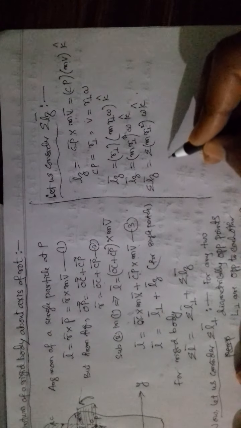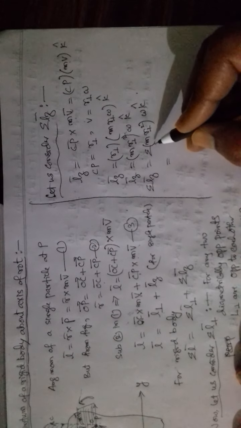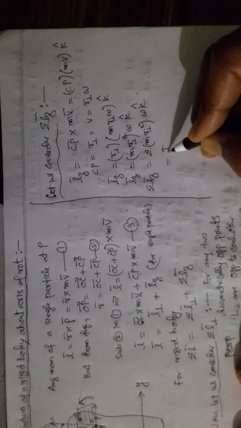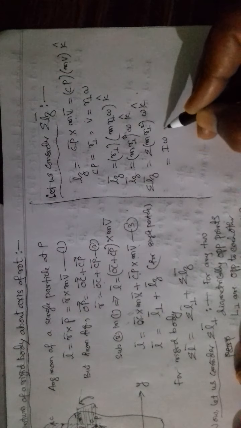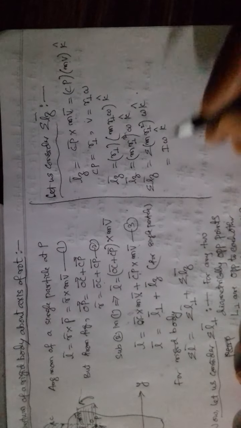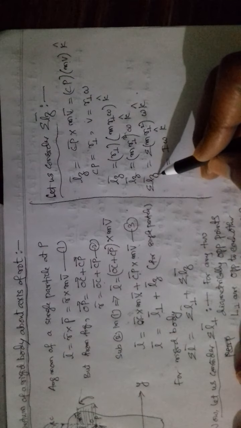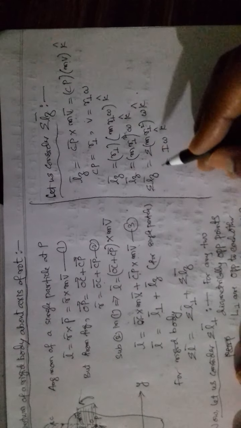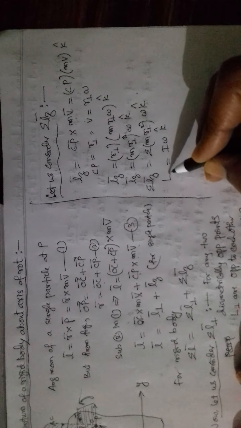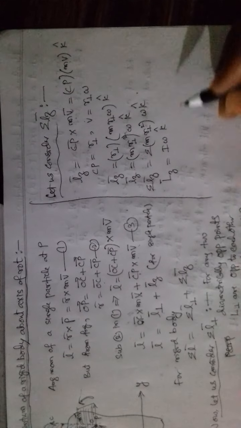So this is equal to I value, here omega, here k. And see, Lz is for a single particle. If you take the summation of all particles, then you get capital Lz.